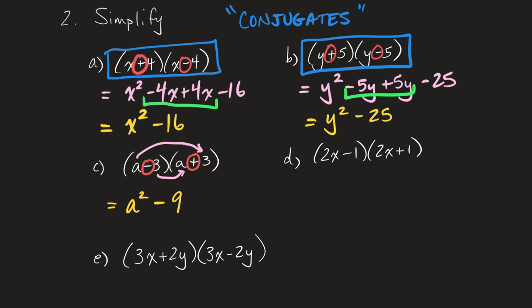And when we expand conjugates, when we actually do the multiply, then we get an expression called a difference. Now, I'm going to stop for a second on the difference. All I want to do is circle in green the operation in between your two terms. Notice it's subtraction. Subtraction is another way of saying difference, or difference is a way of saying subtraction. So notice when we expand those conjugates, we get a difference between those two terms.